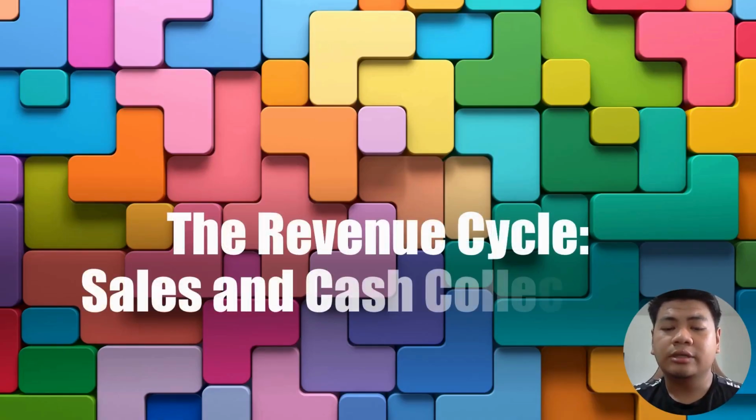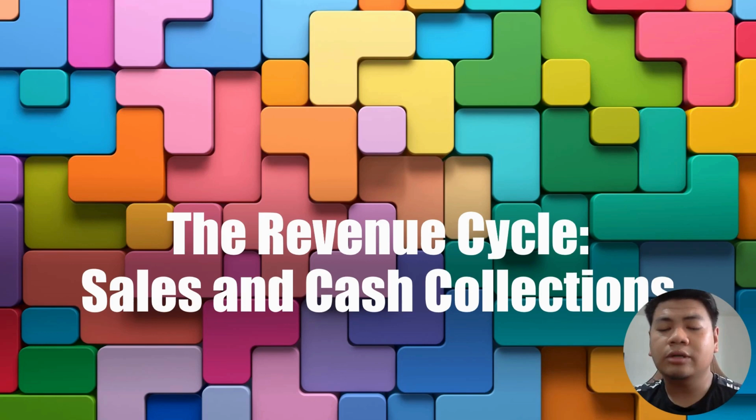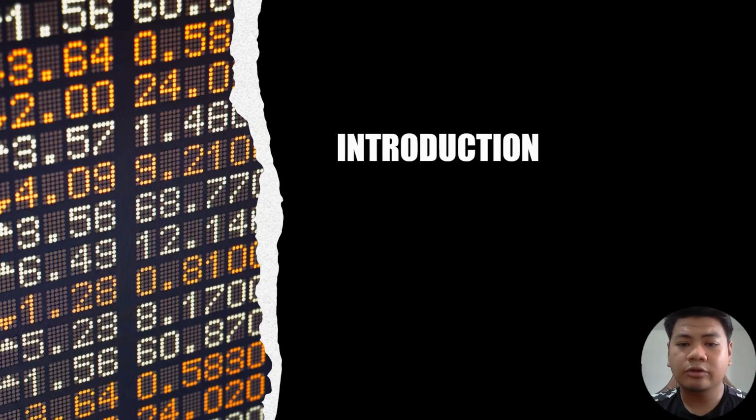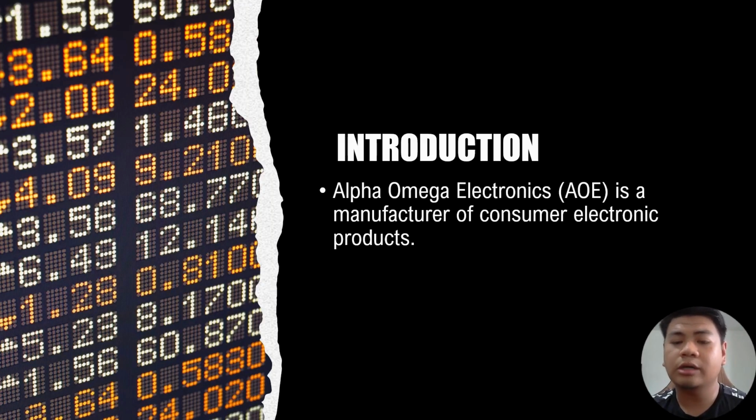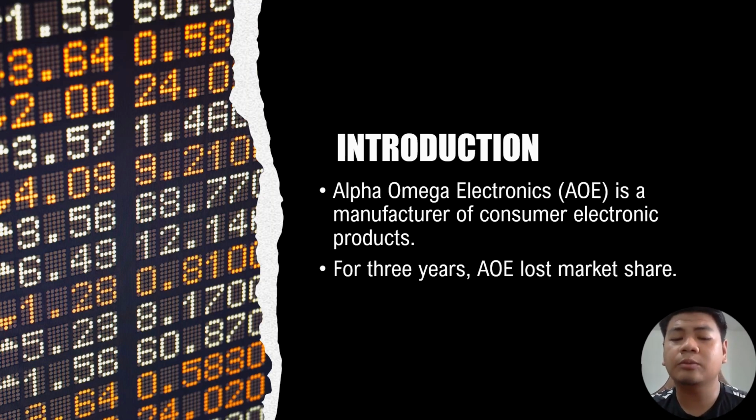So next, the revenue cycle, sales and cash collection, is part 4 in chapter 14. So basically for the introduction, Alpha Omega Electronic is the case we can relate to this chapter. Alpha Omega Electronic is a manufacturer of consumer electronic products, and they have had problems for 3 years.